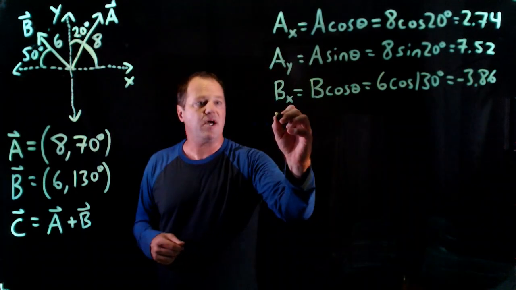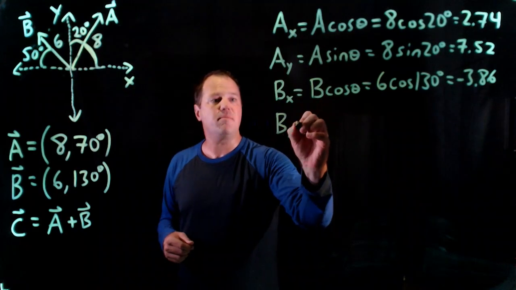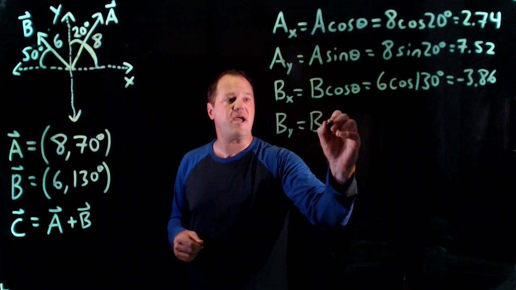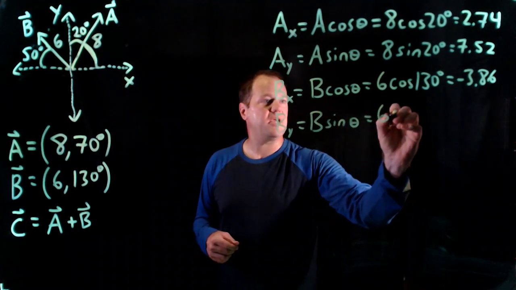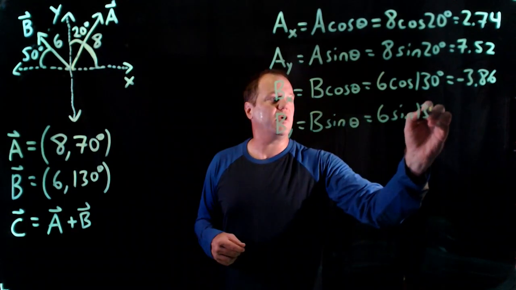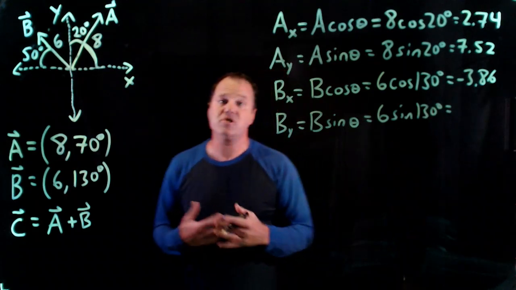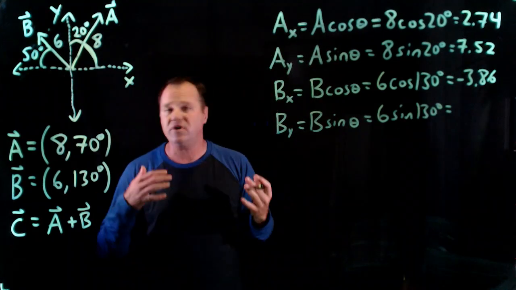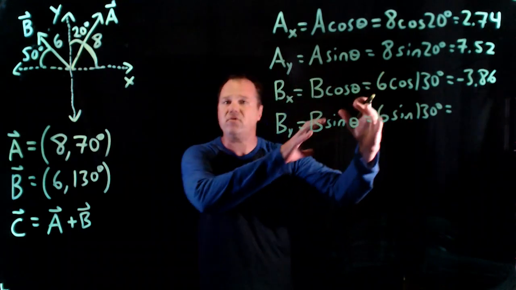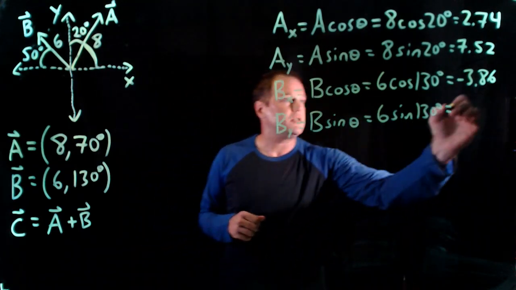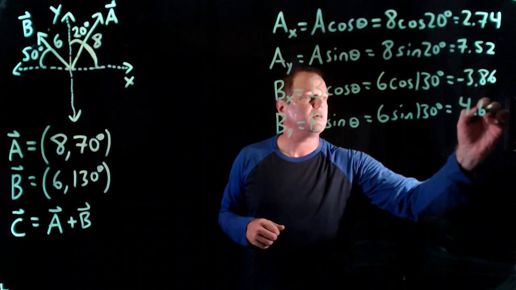And then to determine the y component, it will be the magnitude times the sine of its angle. So 6 times sine of 130. And notice that the trig functions are getting us in the right quadrant. It's good to check, but we really don't have to if we have confidence in these formulas. So 4.60.